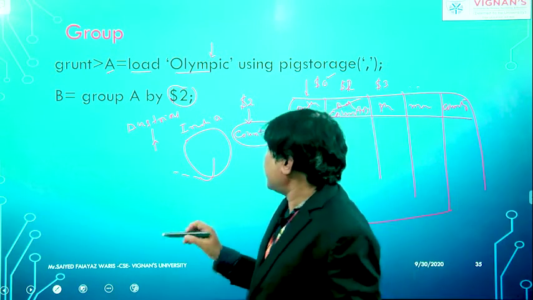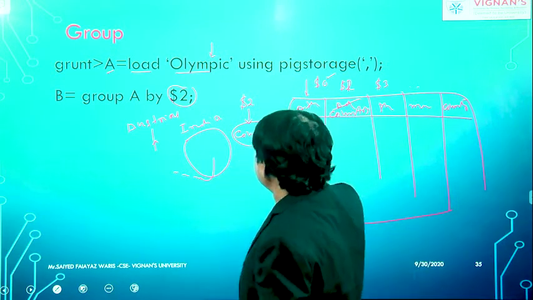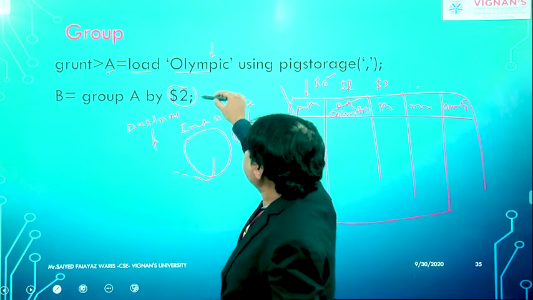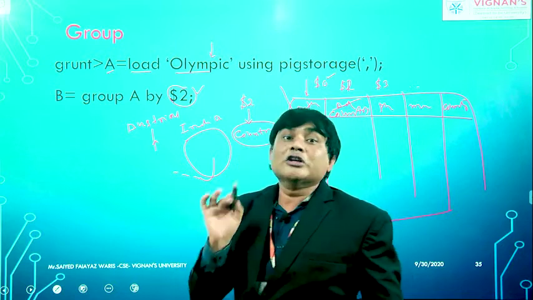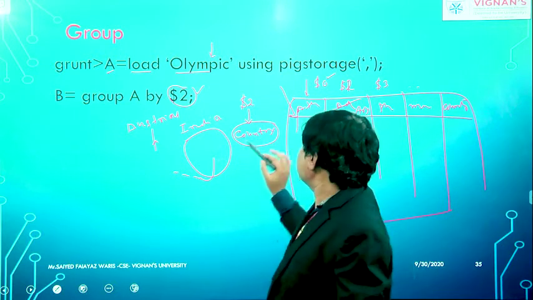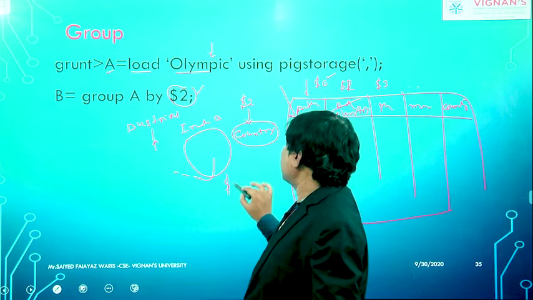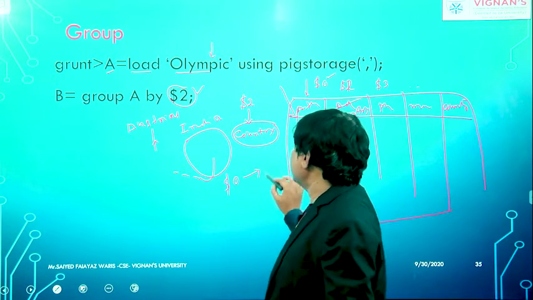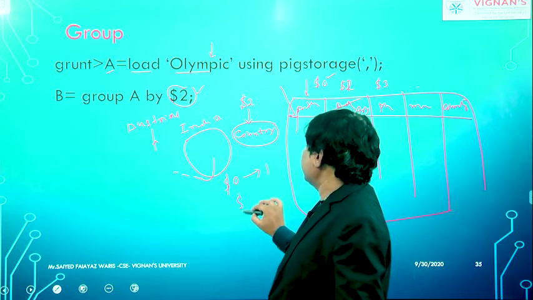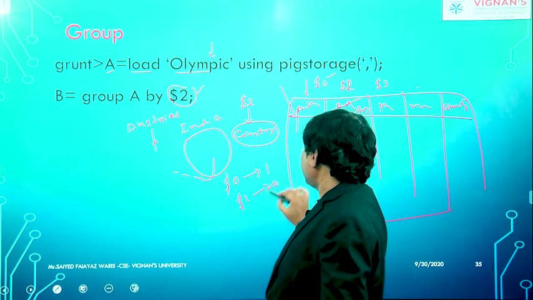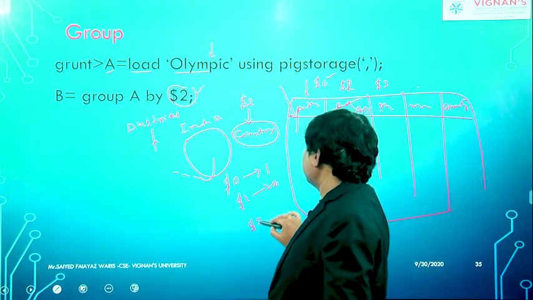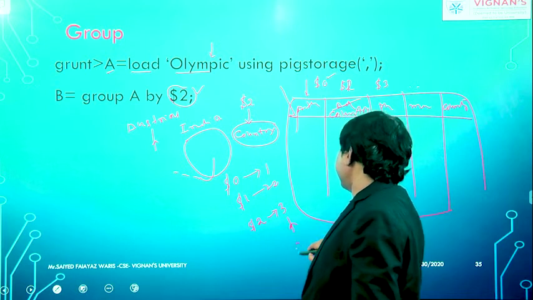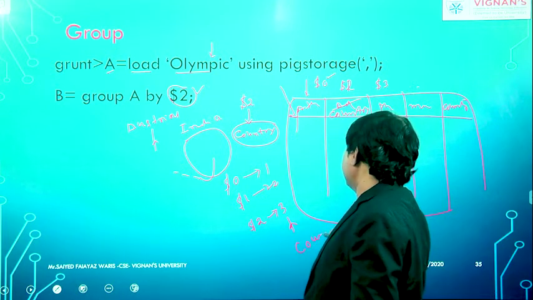It means here I am applying the group on A, and I am going to group by $2. $2 is nothing but the third column of your Olympic file. $0 indicates the first column, $1 indicates the second column, and $2 indicates the third column. The third column is my country.